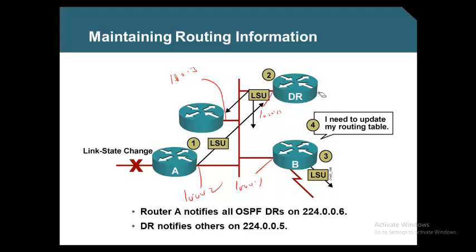Fine. What is the specialty of DR and BDR? When we enable OSPF, usually every router will be listening to the address 224.0.0.5, but the DR and BDR will be listening to 224.0.0.6.